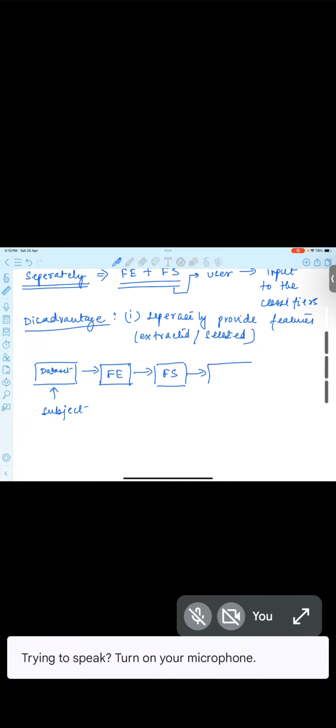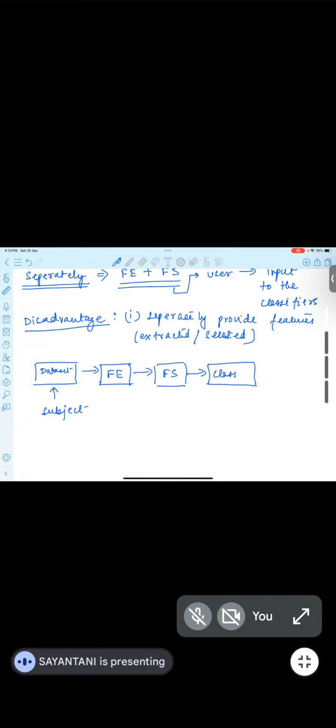And then you have to go for, finally, classification. So these two blocks are compulsory. I mean, you can omit feature selection, but feature extraction is definitely compulsory, right? And that is why ML classifiers are very time consuming.